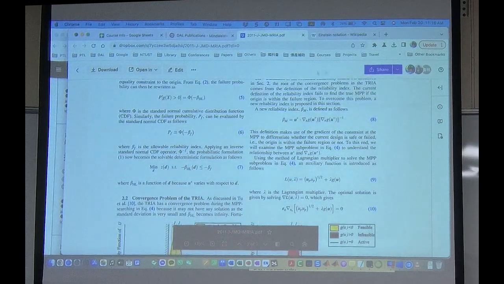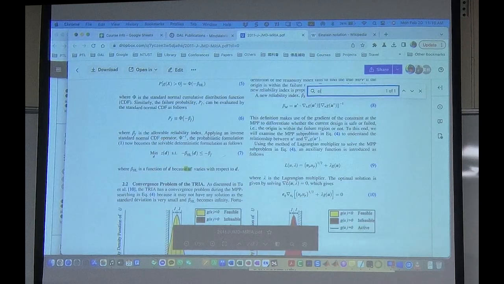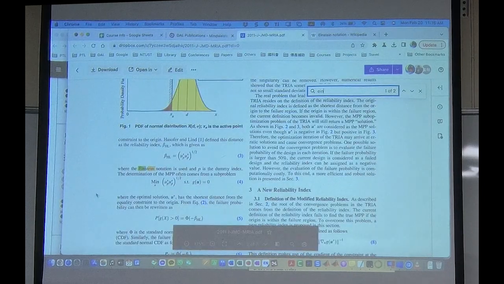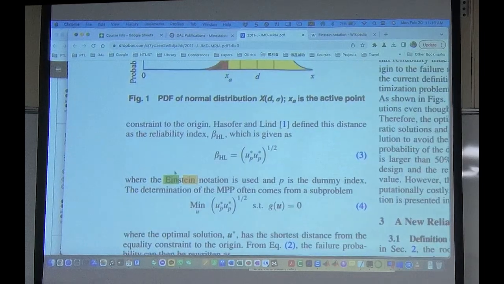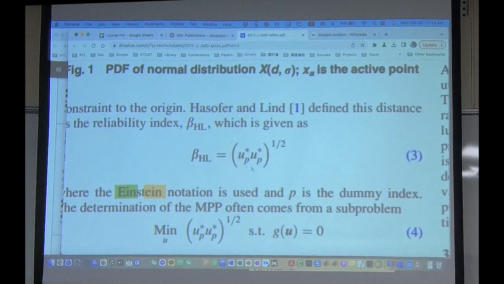Somewhere I mentioned Einstein. Let me see. Where the Einstein notation is used. So this is Einstein notation.